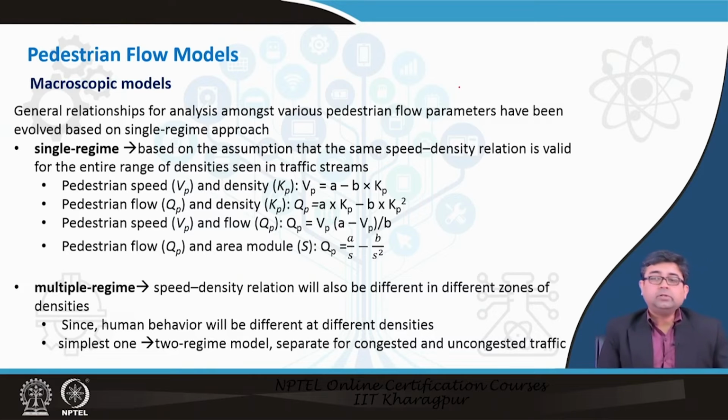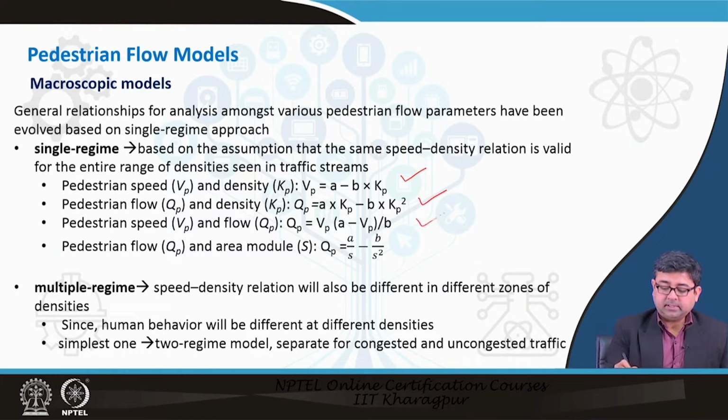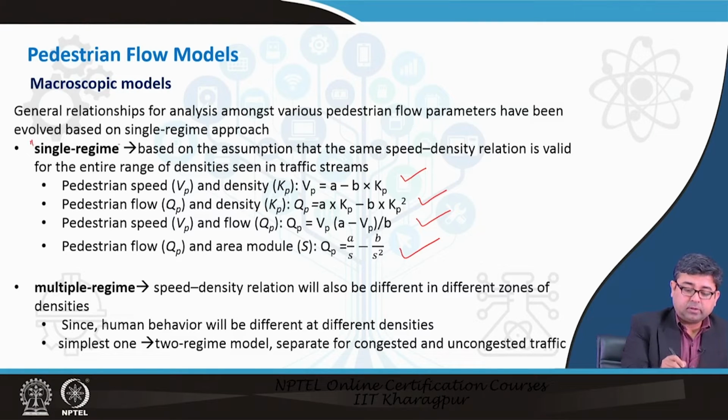Now, the other thing to remember is that in all of these relationships we have looked at, say the relationship between speed and density, flow and density, speed and flow, or flow and area space, we have looked at them as single regime models.